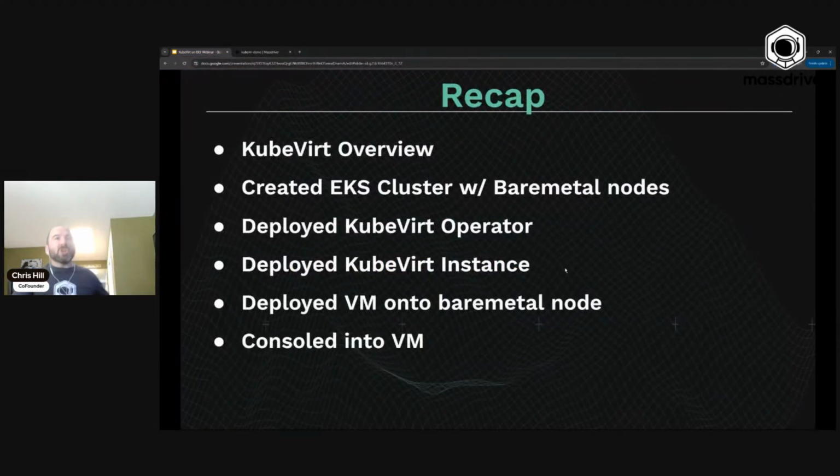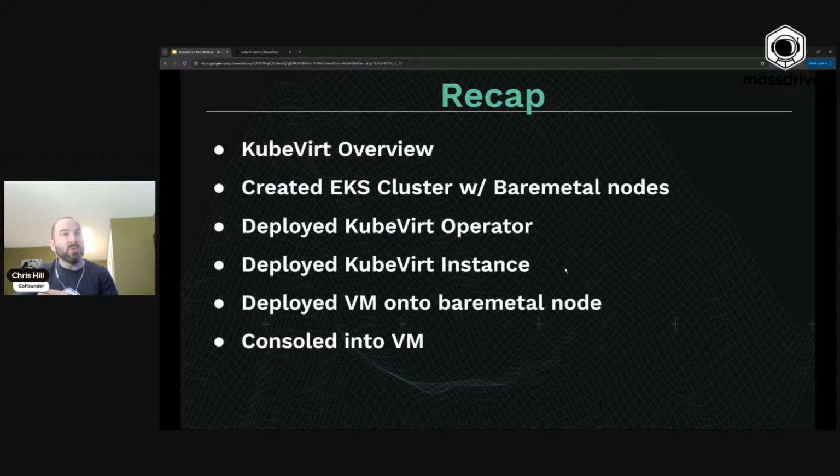There we go. So what did we do? We talked about KubeVirt, went over briefly what it is and why it would be useful. We technically modified an EKS cluster to have bare metal nodes and applied a taint to them to make sure that only VM workloads would run on it.